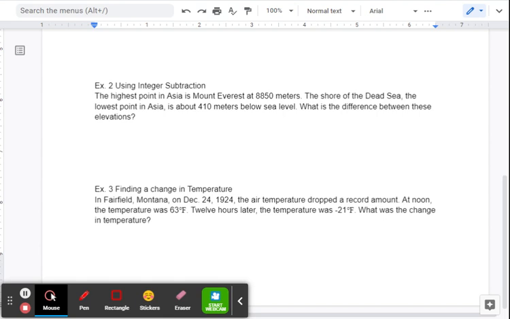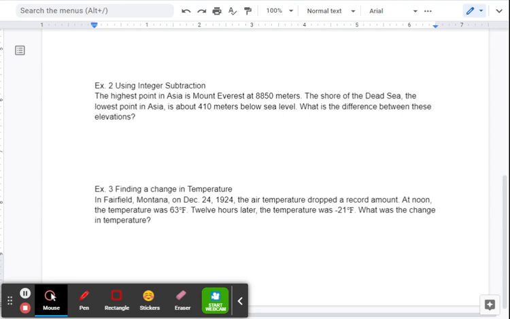You add. I have to add, and if I change to adding here, what else do I have to change, Peyton? If I change my subtraction to adding, what? Help them out, William. You have to change the negative number into a positive. I have to change the negative to a positive.